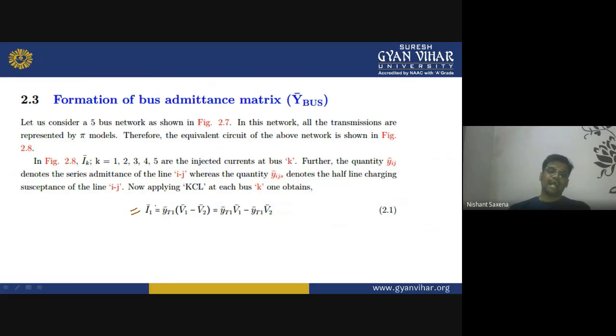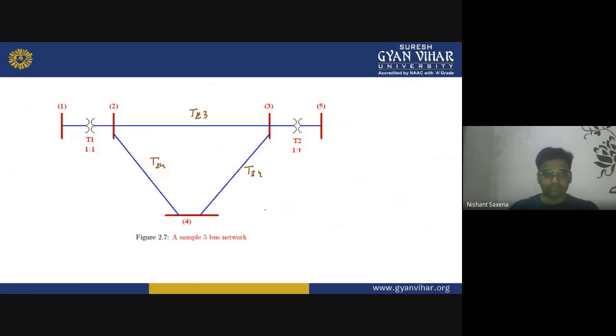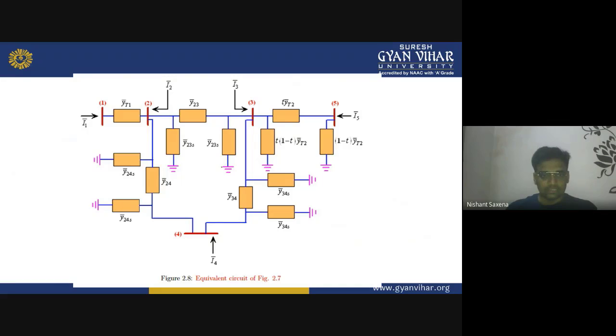It states that I1 is equal to Y bar T1 into V1 minus V2, the difference between bus 1 and 2, and Y T1 V1 minus Y bar T1 into V2. Okay, look at this, for this section of line of this power system.